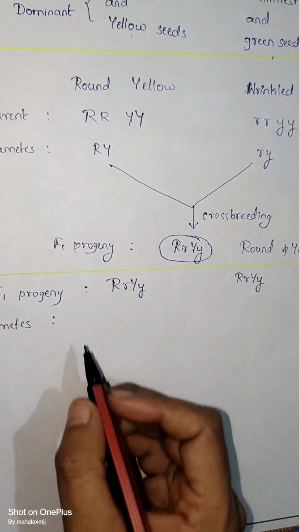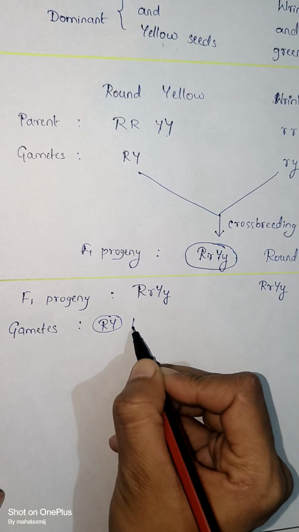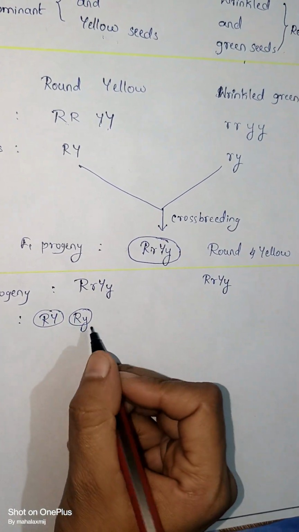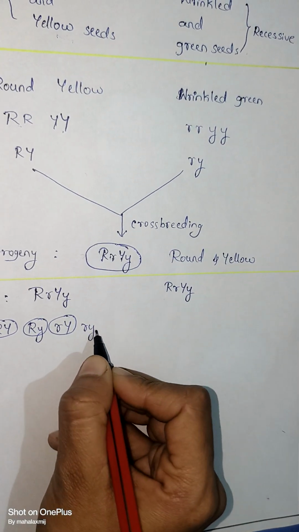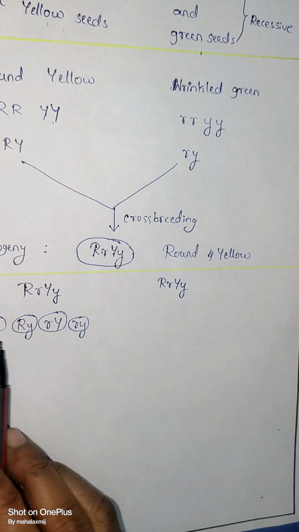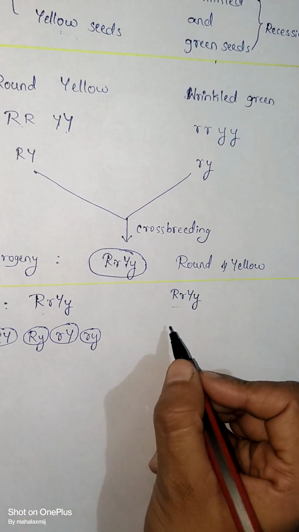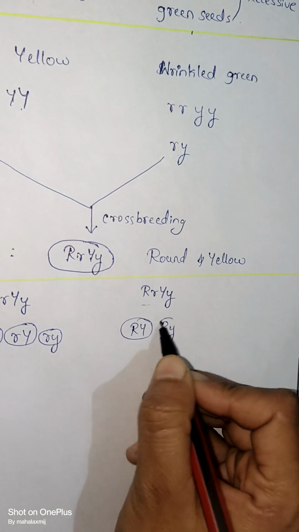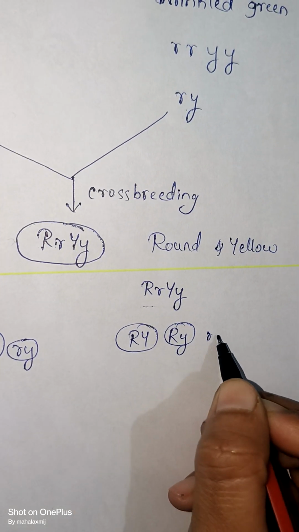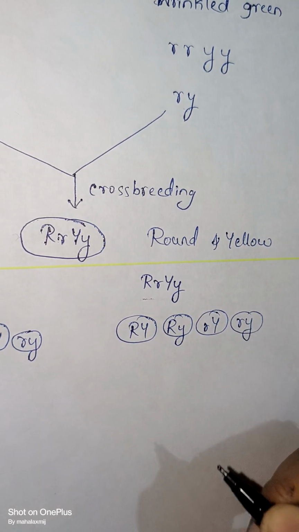Now the gametes that we obtain are capital R, capital Y, capital R, small y, small r, capital Y, small r, small y. These are the gametes of the first F1 progeny, and again we are considering an F1 progeny, so we get the same gametes: capital R, capital Y, capital R, small y, small r, capital Y, and small r, small y.